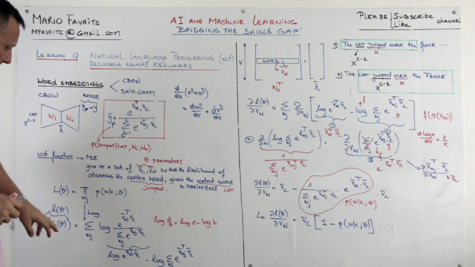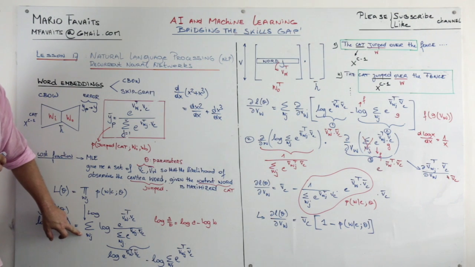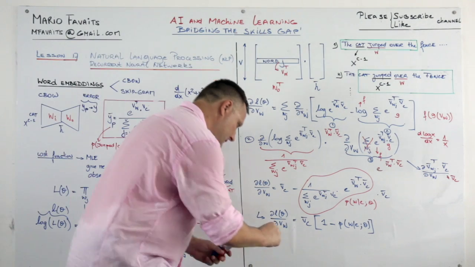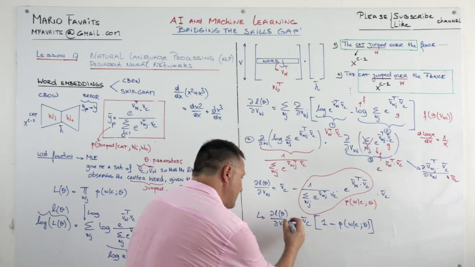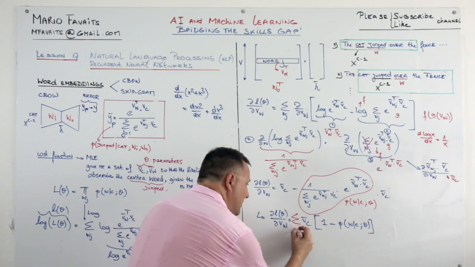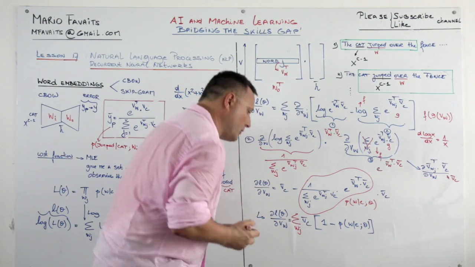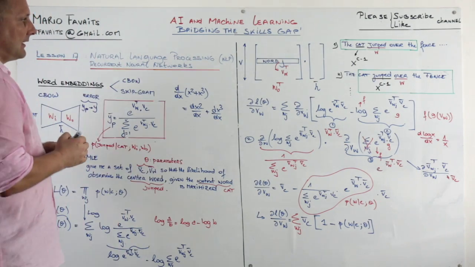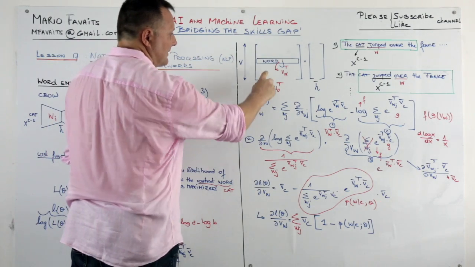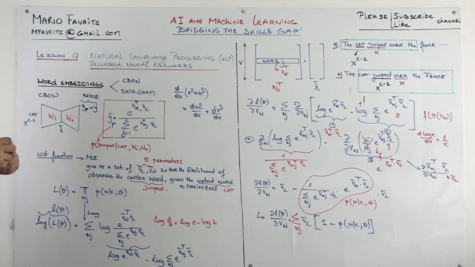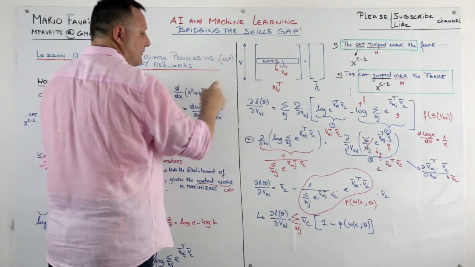And remember, I left this one out. We need to do this over all words, so basically we're going to do that over all words wj. These are all words in the vocabulary, so j will go from 1 to the vocabulary size.